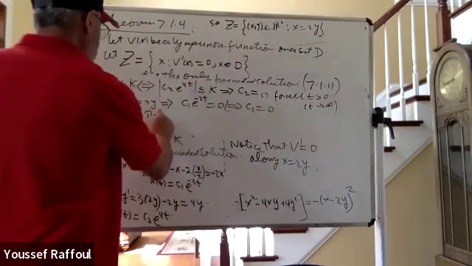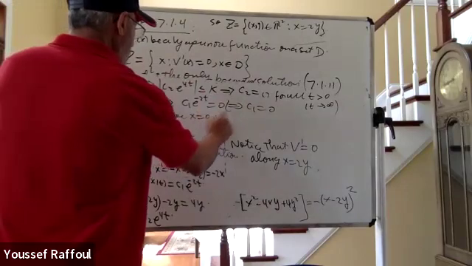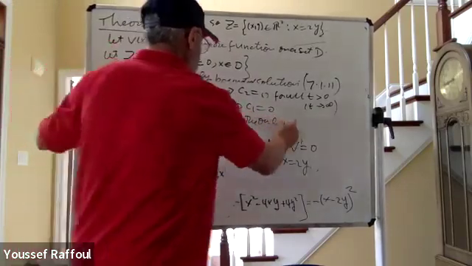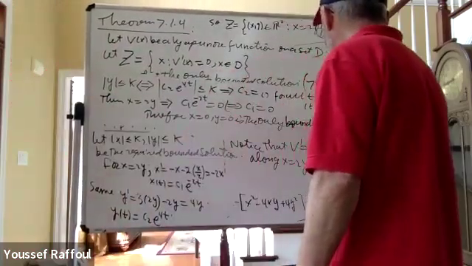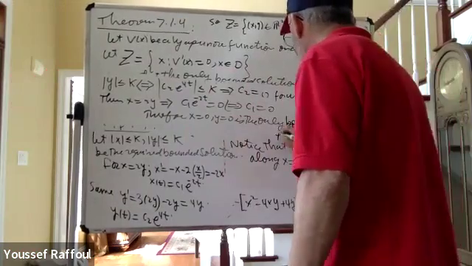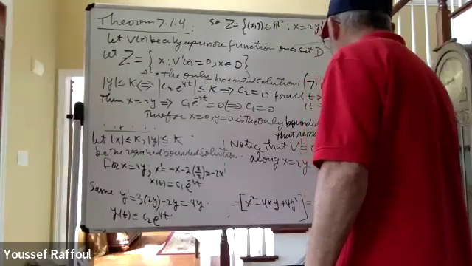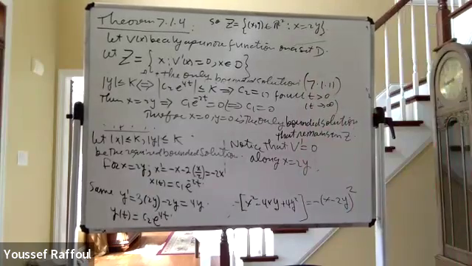So therefore, x equals 0, y equals 0 is the only bounded solution that remains in D.